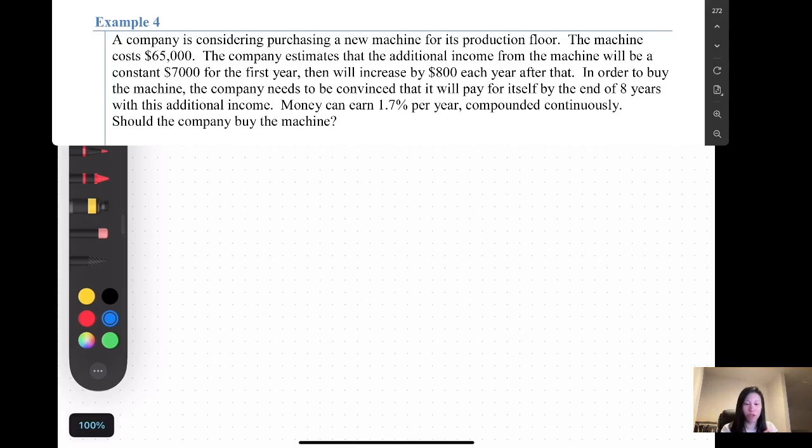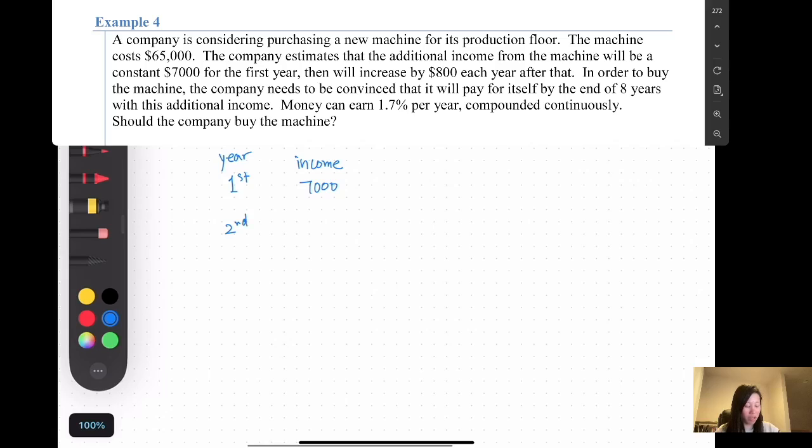So if you take a look, this function is separated into two parts, the income function. The first part is the first year, where the income is going to be 7,000, and after that, the second year is going to increase until the 8th year. They're going to increase 800 each year.